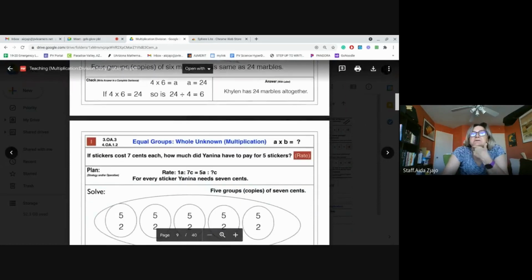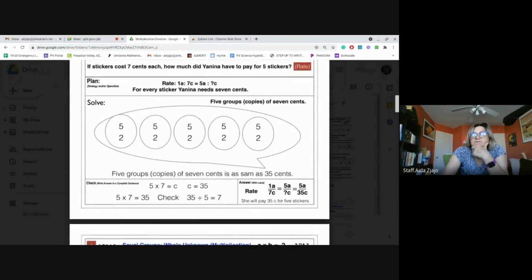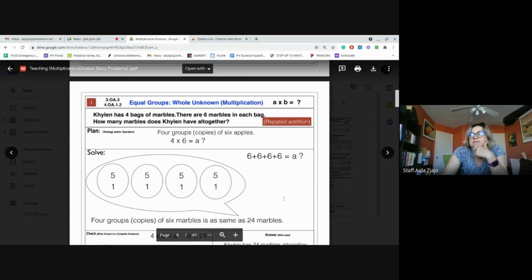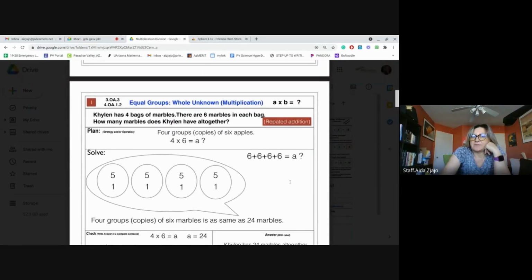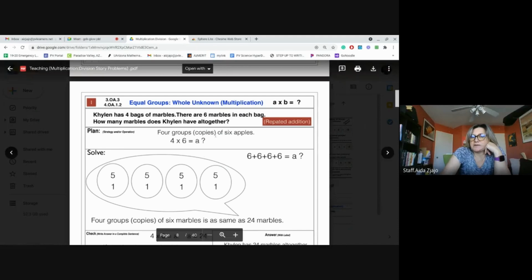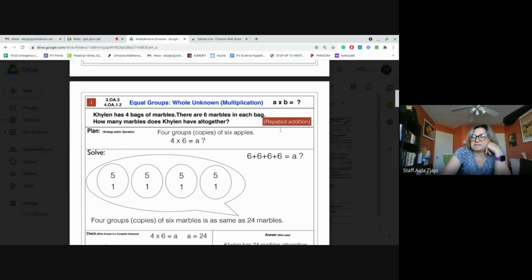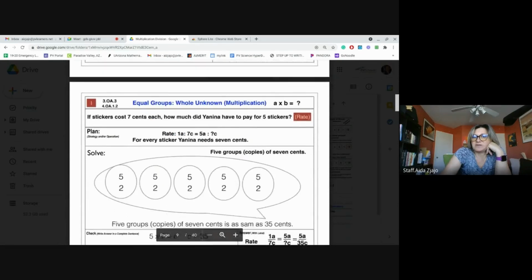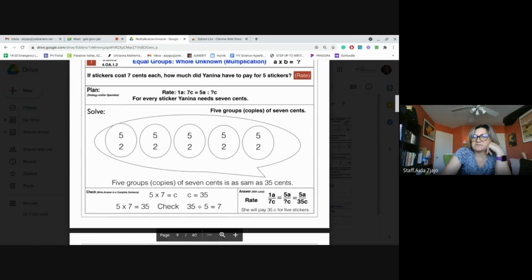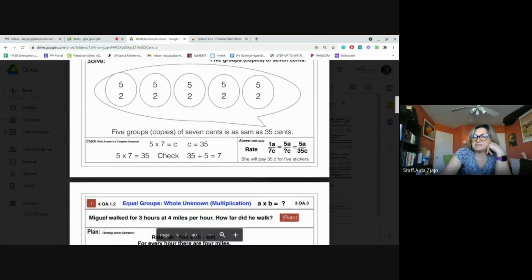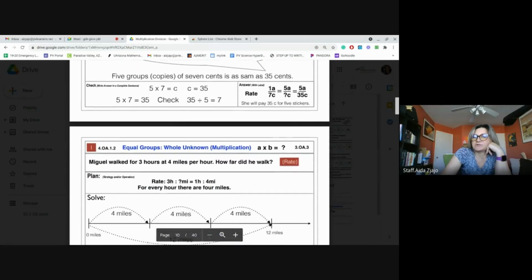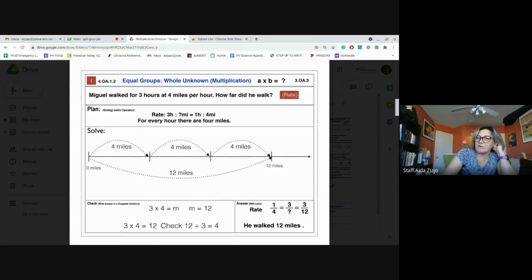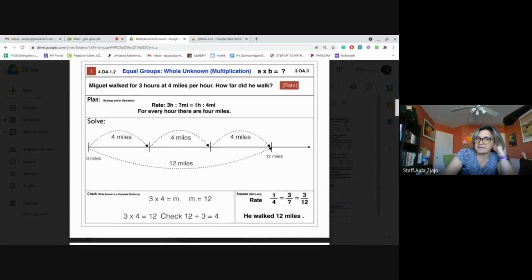In this key, for each example, you will have three different presentations, like a whole unknown, that is repeated addition or multiplication. Some of the problems are rates. It's kind of like a subgroup, but it's the same system of finding a whole by multiplying.